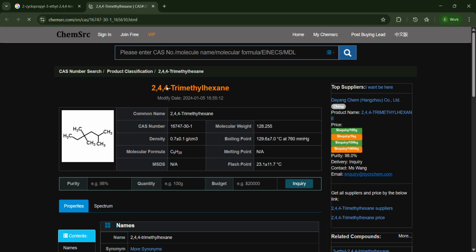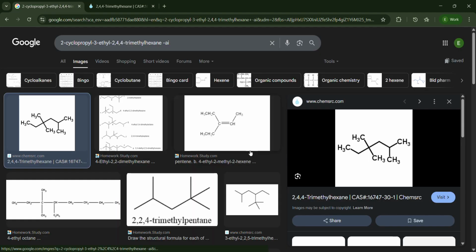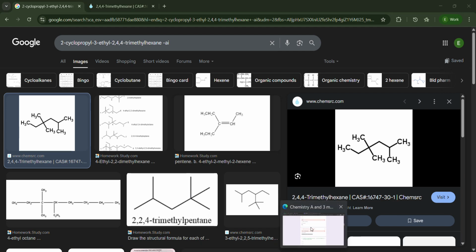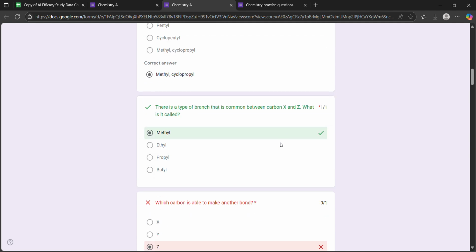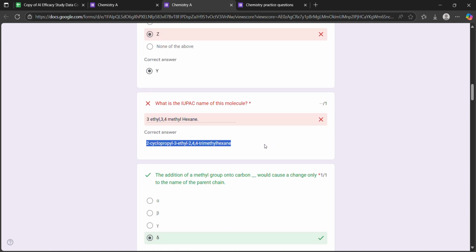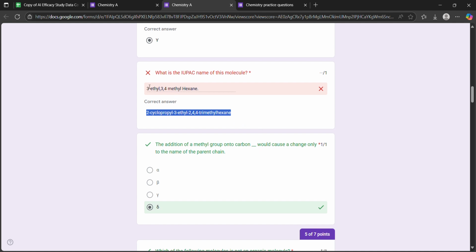Okay, so this is the structure of one part: 1, 2, 3, 4, 5. So this is the structure of 2,4,4 trimethylhexane. 2-cyclopropyl was the triangular structure, and then this part is the 2,4,4 trimethylhexane. Okay, so I wrote 3-ethyl 3,4 methylhexane.